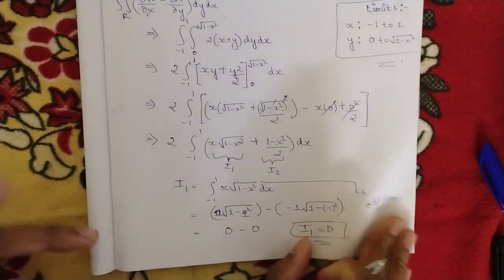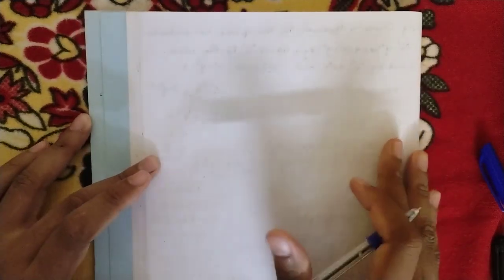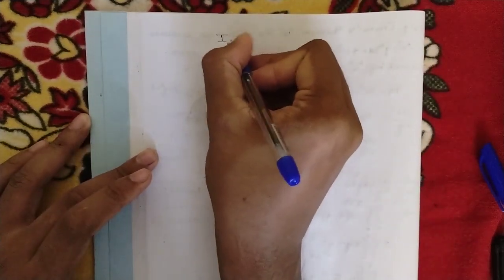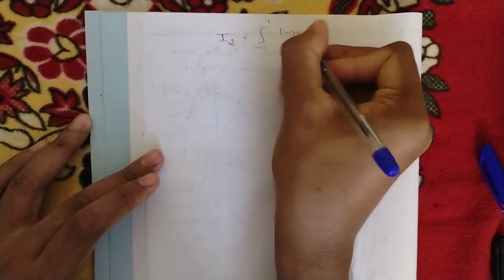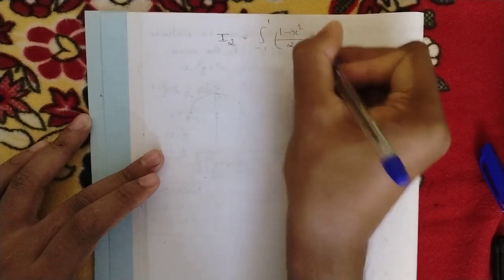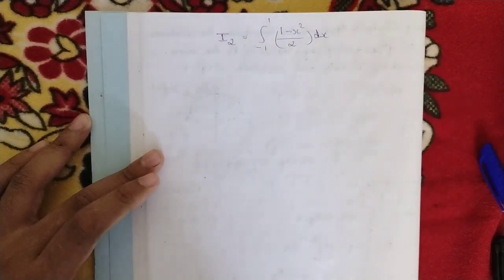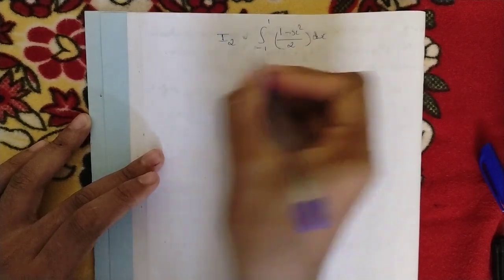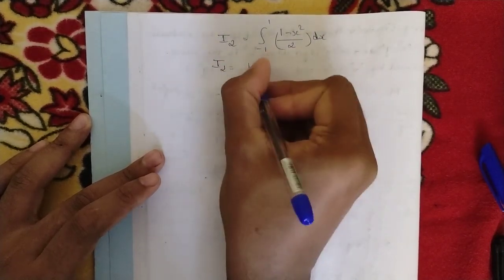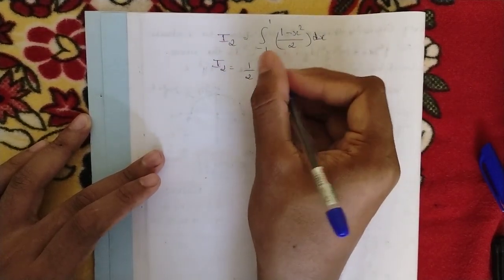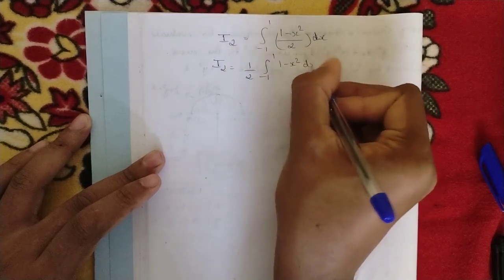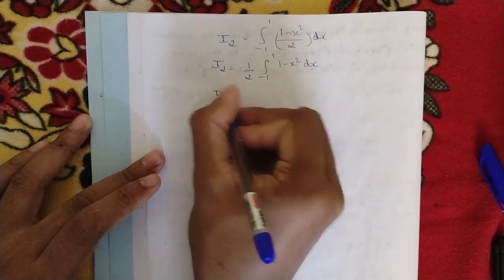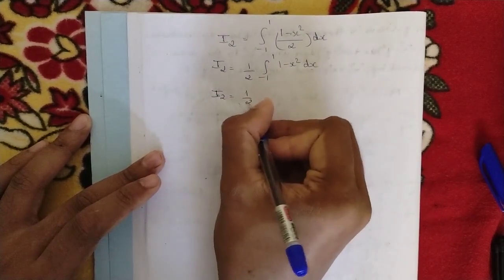Now let us solve for I2. I2 is equal to the integral from minus 1 to 1 of 1 minus x square divided by 2 dx. So I am taking 1 by 2 outside, the integral from minus 1 to 1 of 1 minus x square dx.